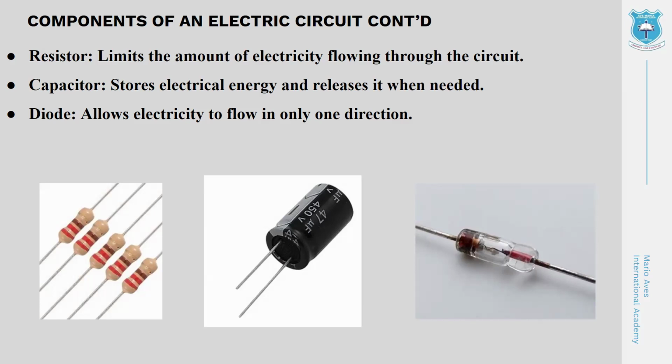That is the second picture, that stores electrical energy and releases it when it is needed. Then we have our last picture, our diode, that allows electricity to flow in only one direction. In only one direction. All right.